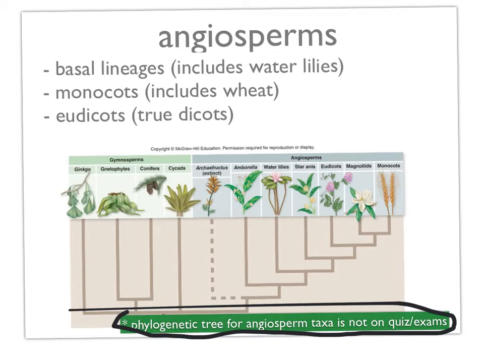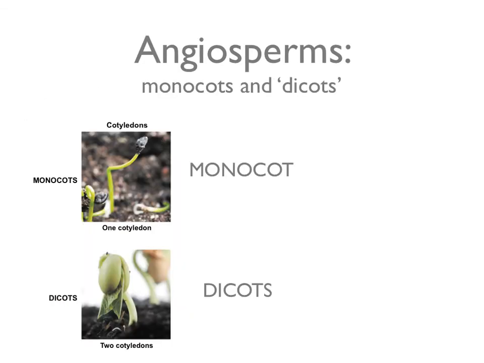Monocots include wheat, corn, grass. Eudicots, or true dicots, have two cotyledons. Monocots, a single cotyledon. So angiosperms: monocots and dicots.